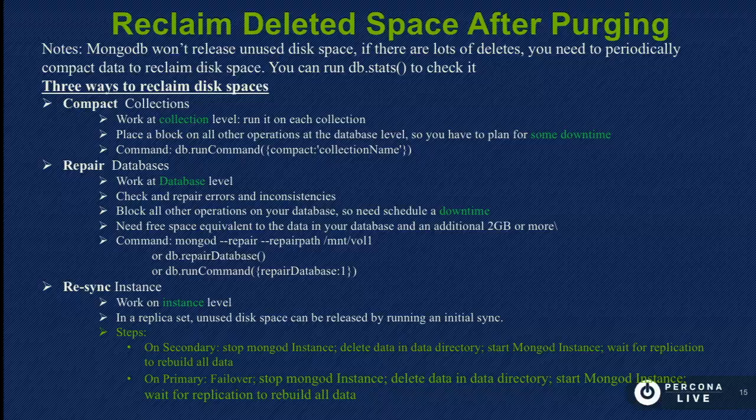The replica set will resync the data, copy all the data from another secondary, and rebuild all the indexes. So it will rebuild the new data, and it can reclaim this space. For the primary, do the failover and run the same procedure as the secondary. So we can get all the space back.